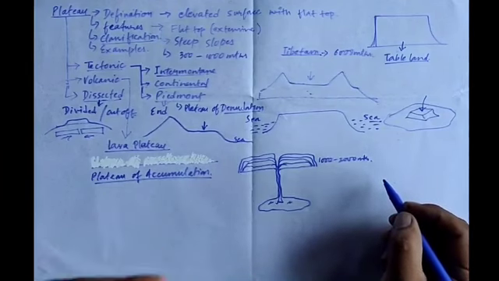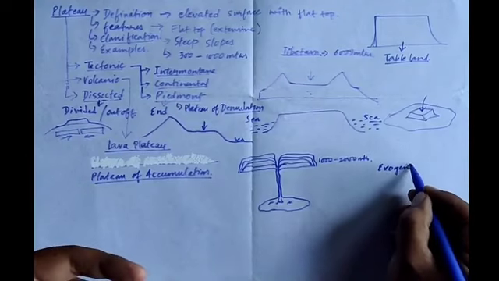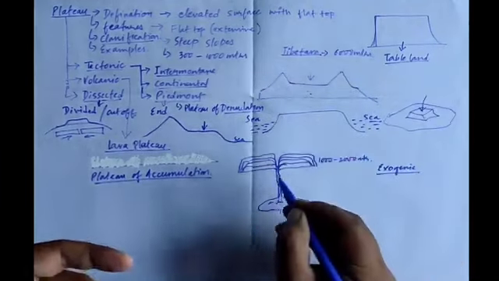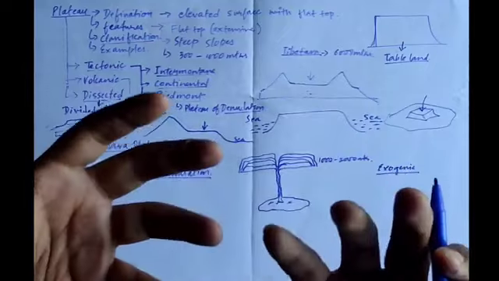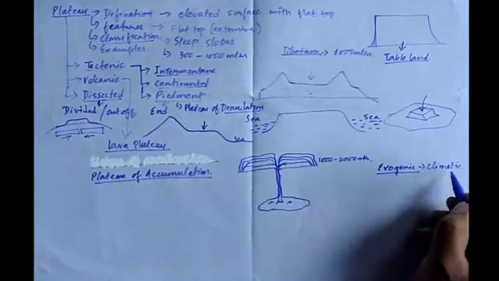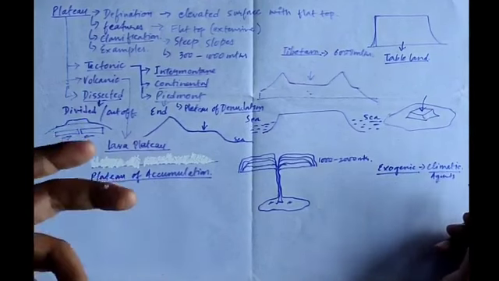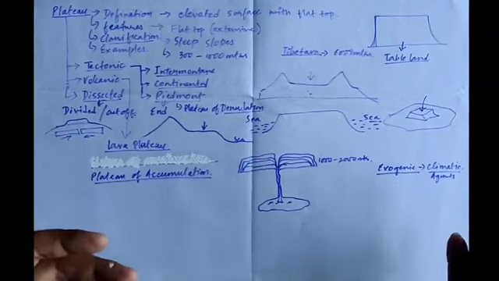Now after the formation of the plateau, exogenic forces will start acting on it. Those plateaus have been formed from the endogenic forces. Now after the formation, the forces present outside the earth's surface, like the climatic agents, known as exogenic forces, will start acting on it, isn't it?